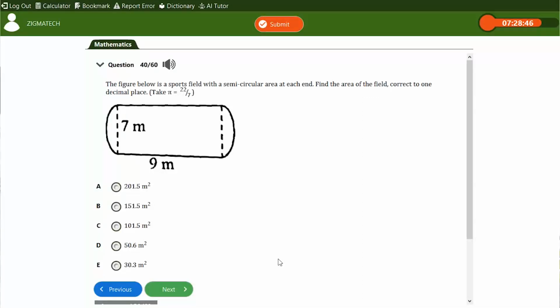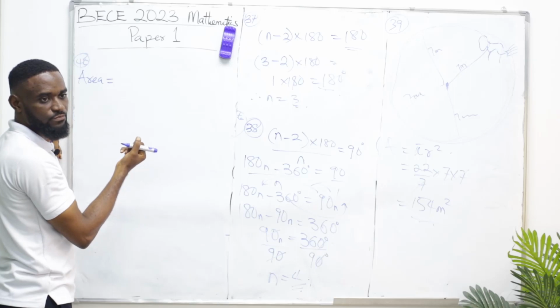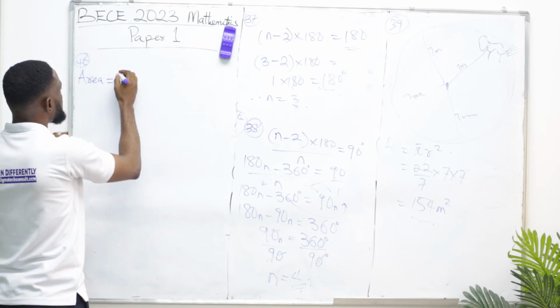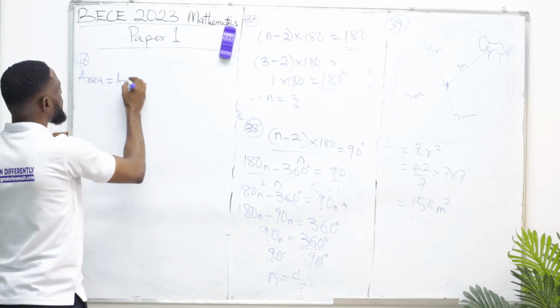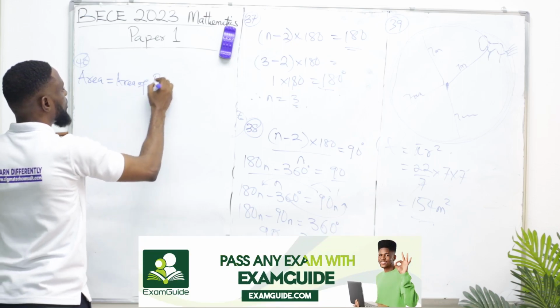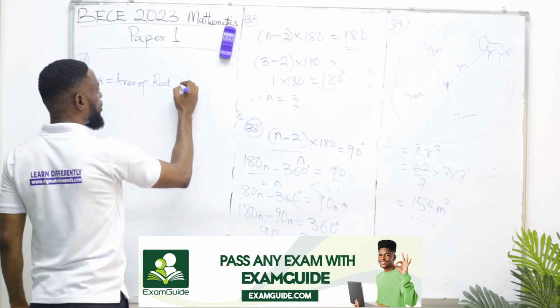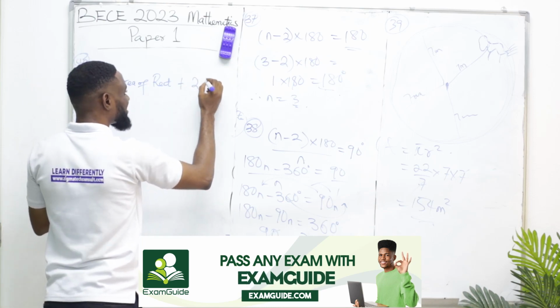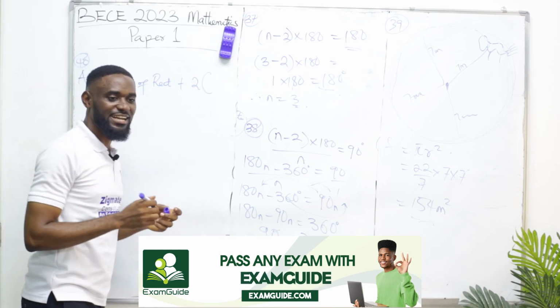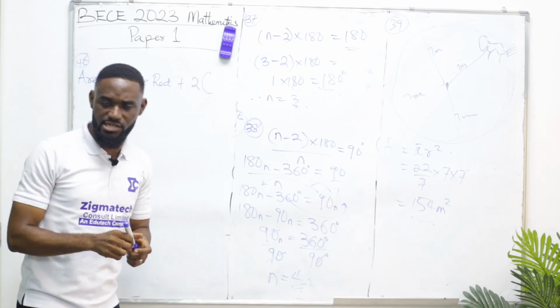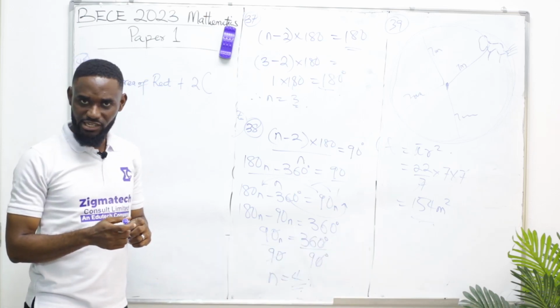So what it will mean is area will be equal to area of rectangle, okay, plus 2 times area of a semicircle. Do you understand the point now?